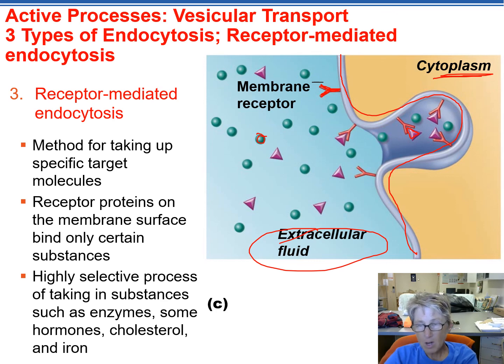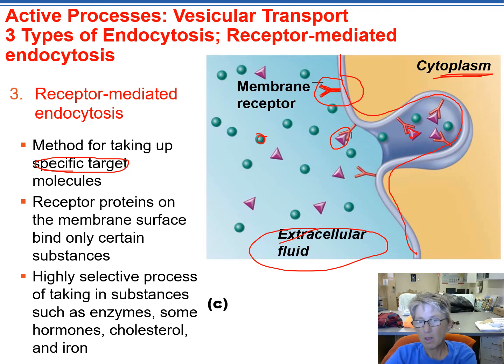So receptor-mediated endocytosis is a method to take up specific molecules, specific ones. These receptor proteins on the membrane surface, like this guy, can only bind specifically, in this case, to the purple triangle, like I said. This is a highly selective process because you're only taking in the molecules you want to take in to your cell.